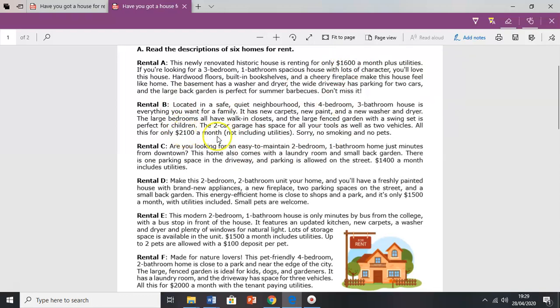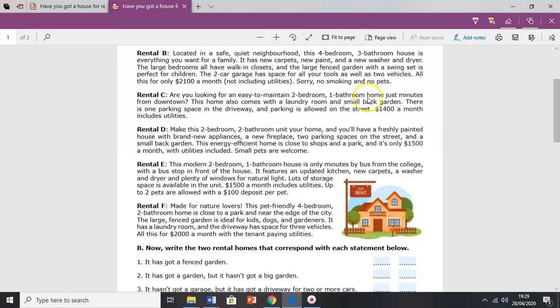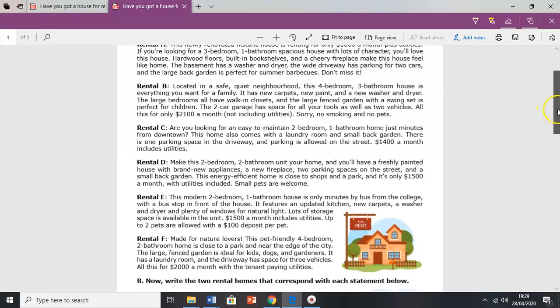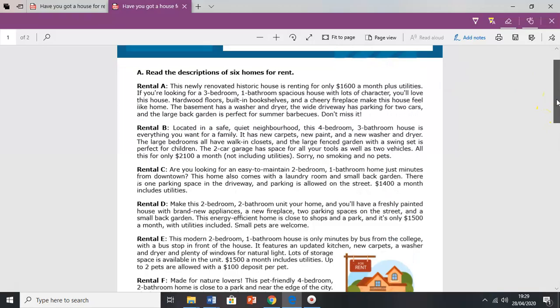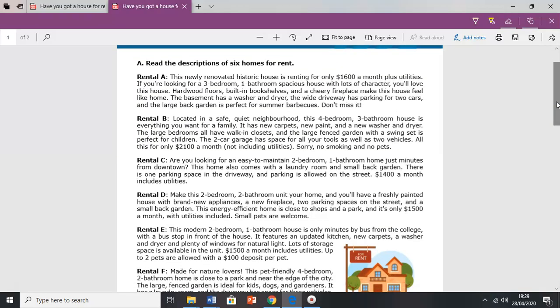Oh, 2. No good. Oh, 1,400. No good. Oh, goodness. I'm not going to find a house. Here's this one. 1,500. No good. 1,500. 2,000. Okay, so today I wasn't lucky. There's no house for me. But you see what you do. You have your limit. You know how much you want. So there's no point in reading each one. Once you see this is too much for you, there's no point in reading on anymore.